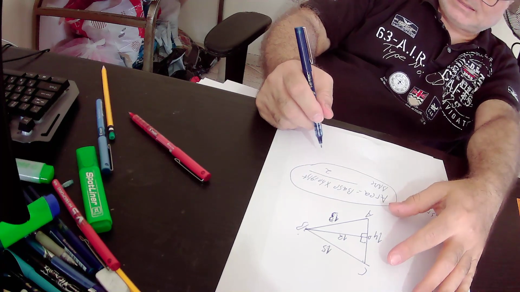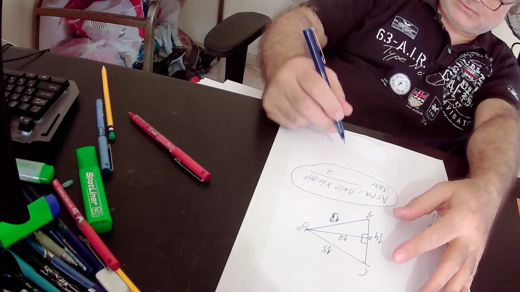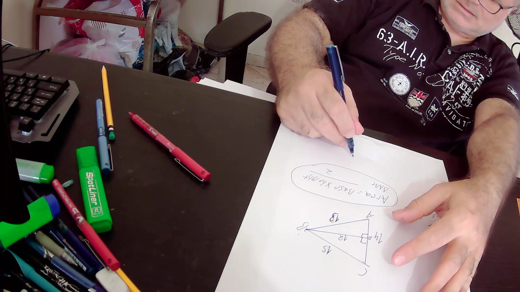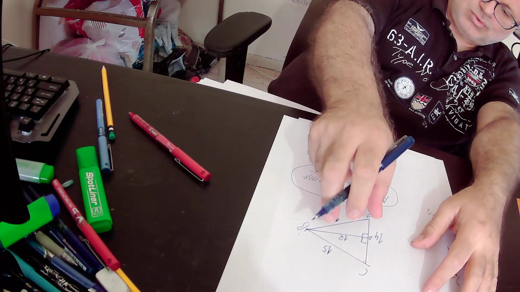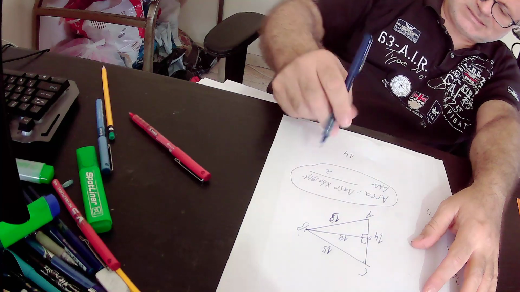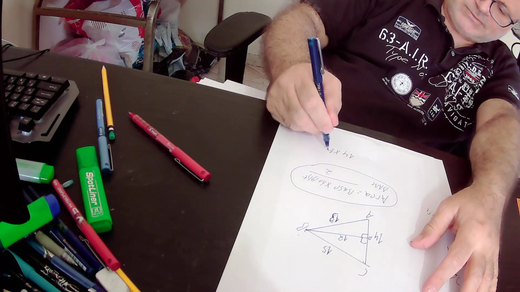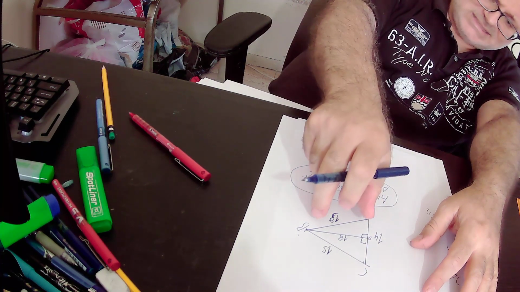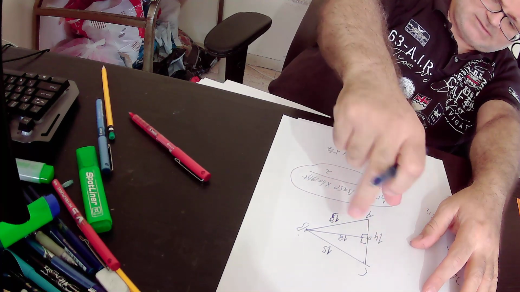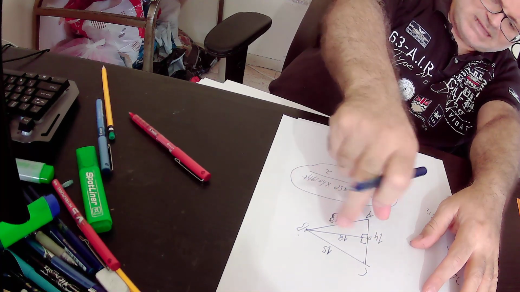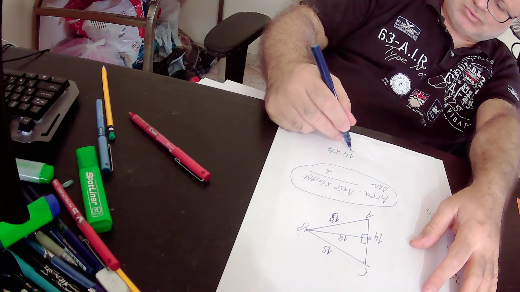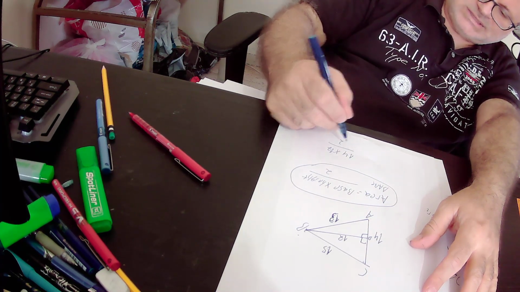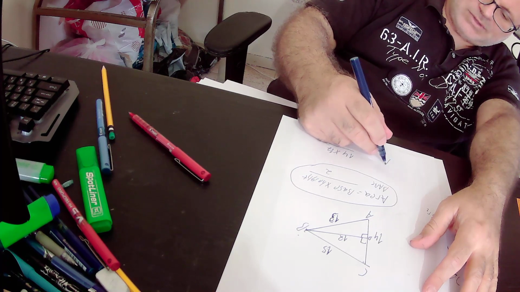The base is 14 units. The height to the base is 12 units. BD is the height because it creates 90 degrees with the base. Therefore, BD is the height of triangle ABC. So it is 14 times 12 over 2.